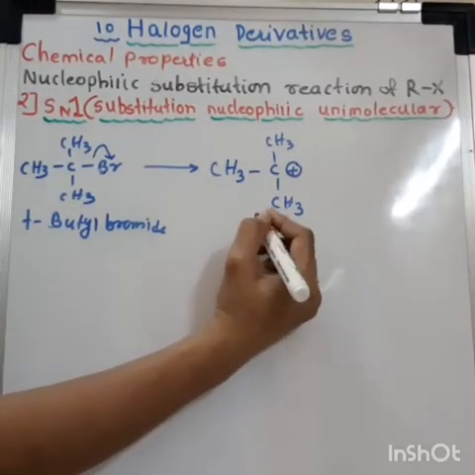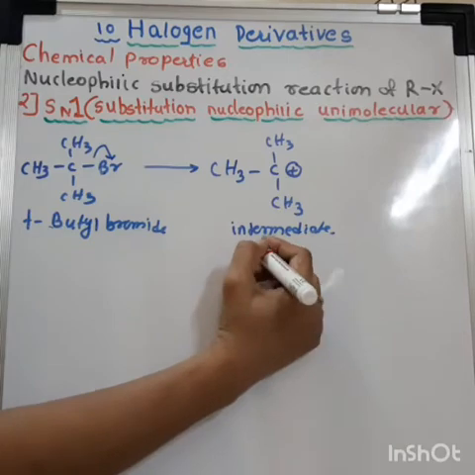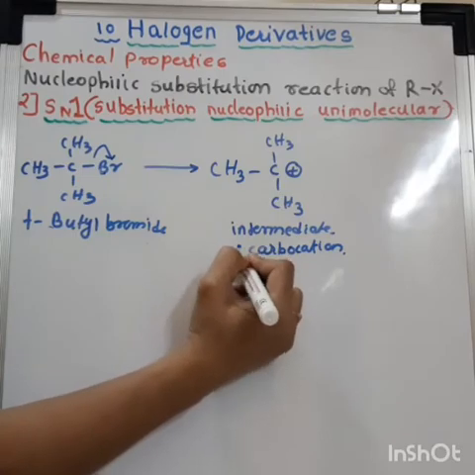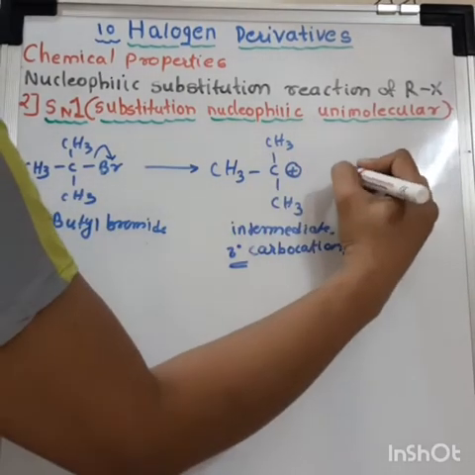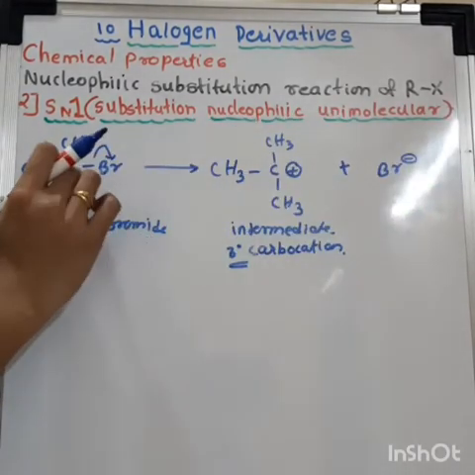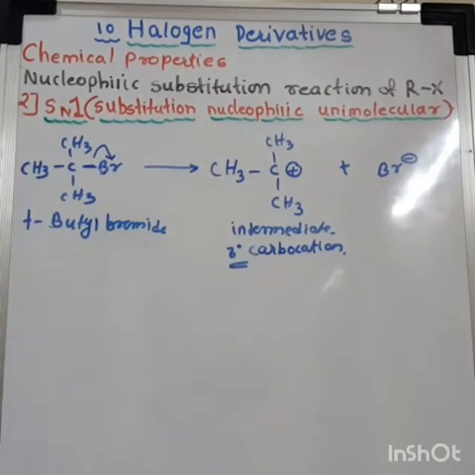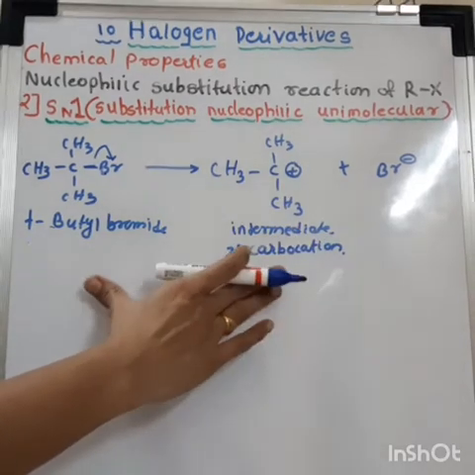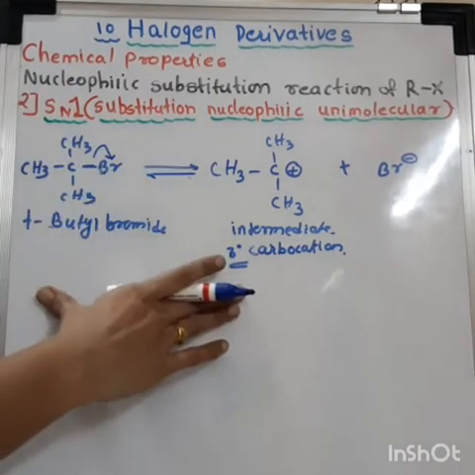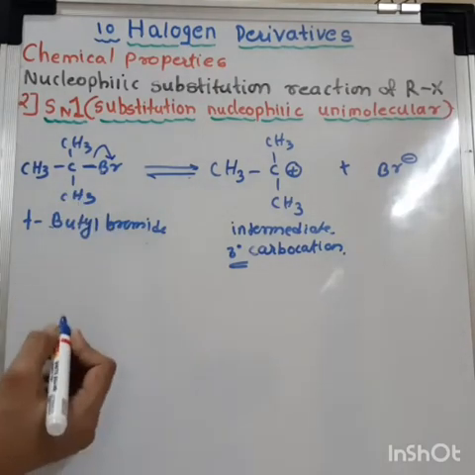This is the intermediate carbocation, a tertiary carbocation, plus Br minus, as it takes both the electrons from this bond, it gets a negative charge. So this is the first step, and this is a reversible step.